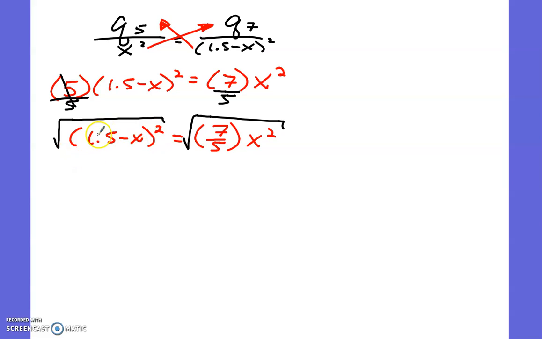Now on this side, when I take the square root, it simply gets rid of the square, and I'm left with 1.5 minus x. On this side here, I have the square root of 7/5, and when I take the square root of x squared, I'm left with simply x. The parentheses are really no longer necessary, so I'm going to get rid of those.